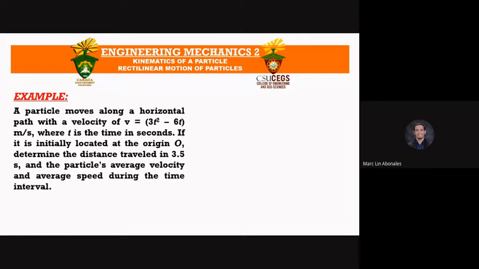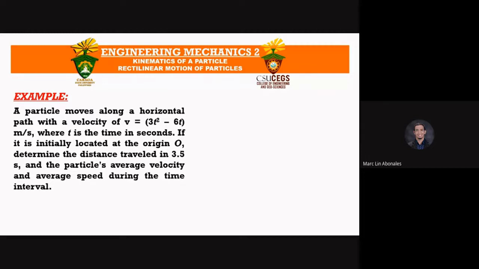So what is different about this problem from the previous problems that we discussed is that there is no figure given. So what we need is to draw an illustration based on the givens in our problem.